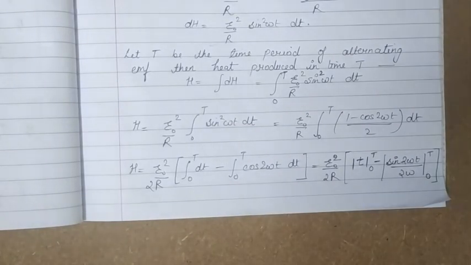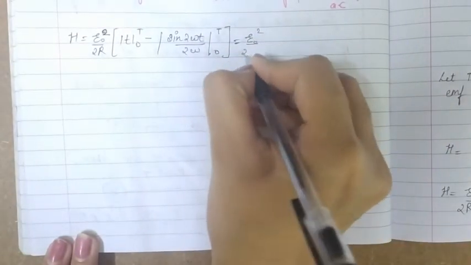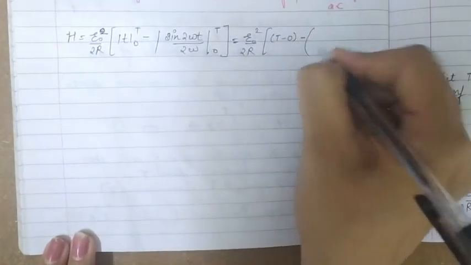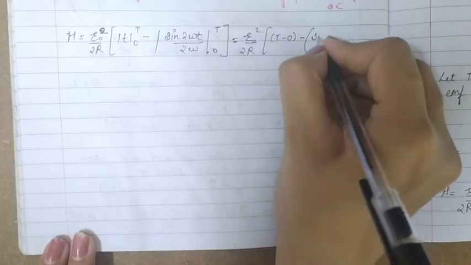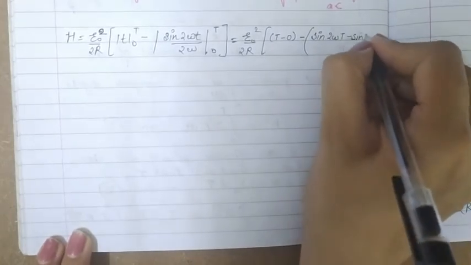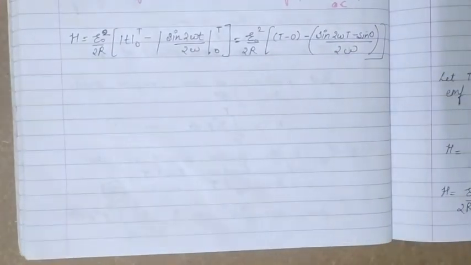After applying the limits we get epsilon naught square upon 2R, T minus 0, minus sine 2 omega capital T minus sine 0, upon 2 omega.